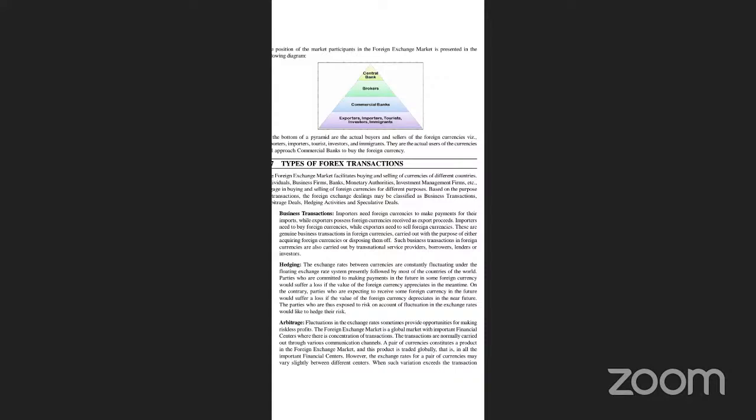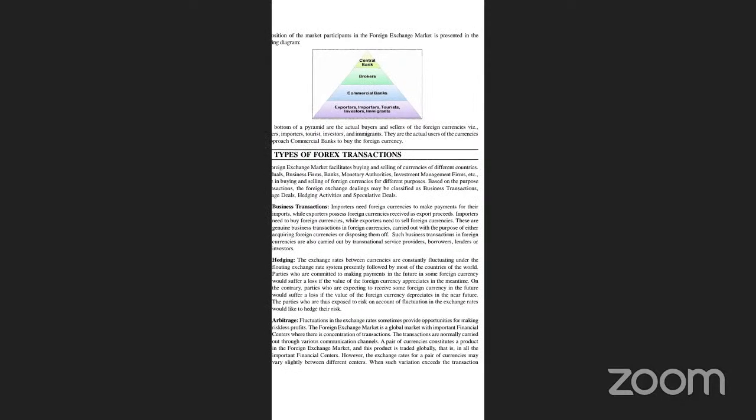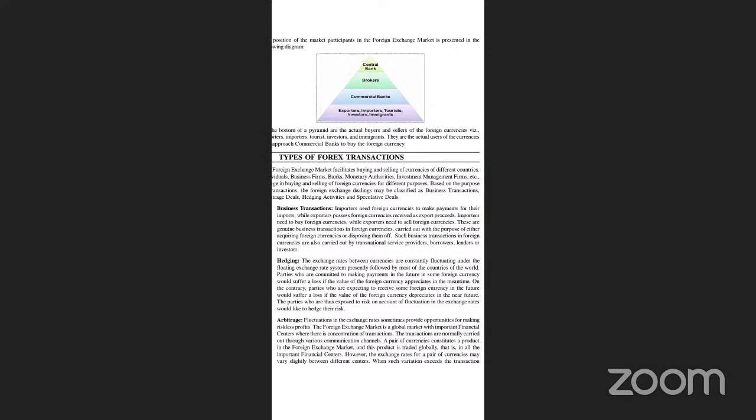On the contrary, those who expect to receive the same foreign currency in the future would suffer a loss if the value of the foreign currency depreciates. These parties are exposed to risk because of the fluctuations in the foreign exchange markets and would like to hedge their risk.